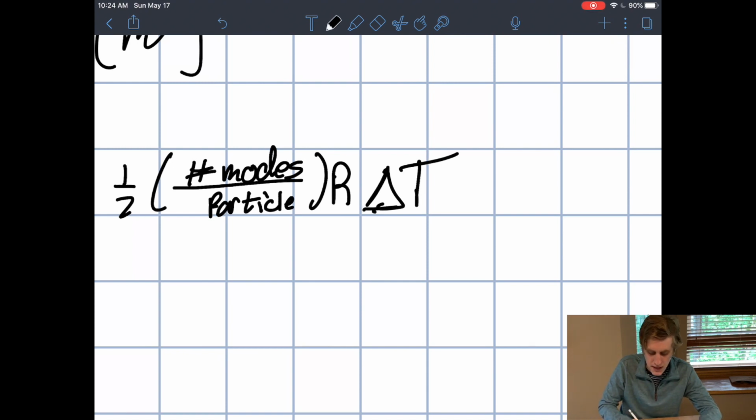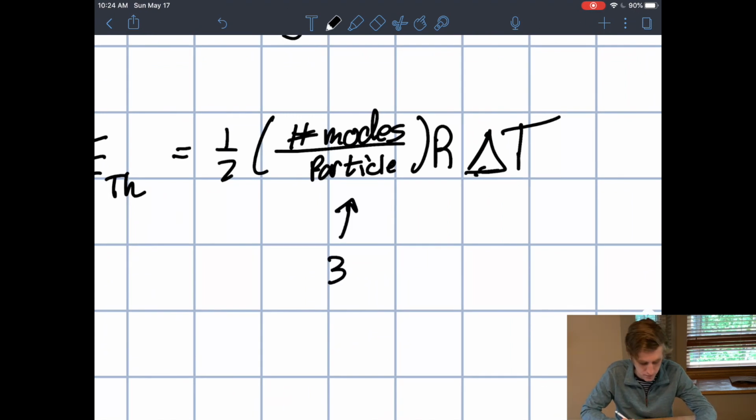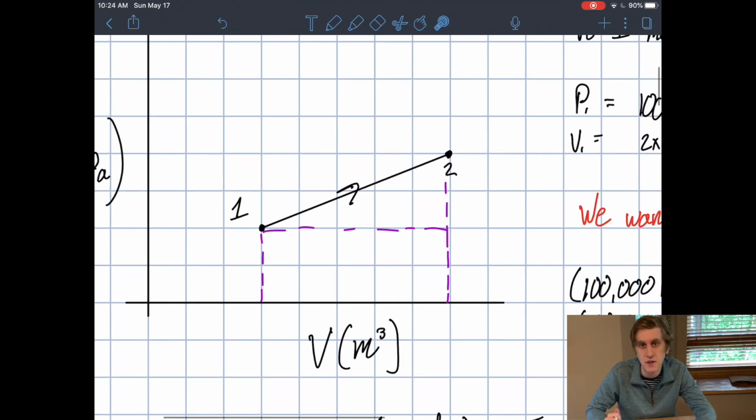We're going to assume that this is a monatomic gas, meaning that the number of modes per particle is just 3. R is the ideal gas constant. We know that. But what about delta T? How can we find that from this information?